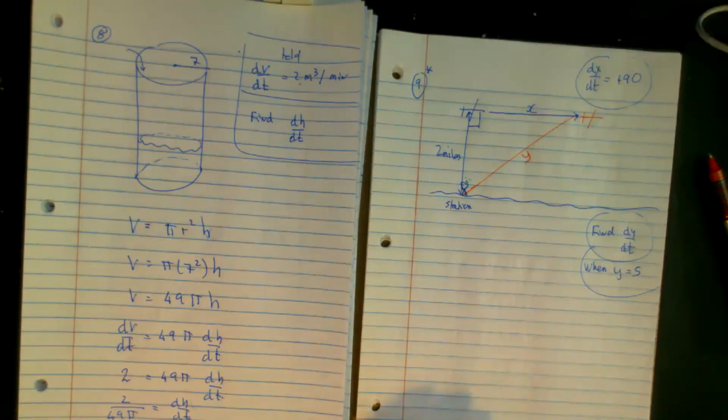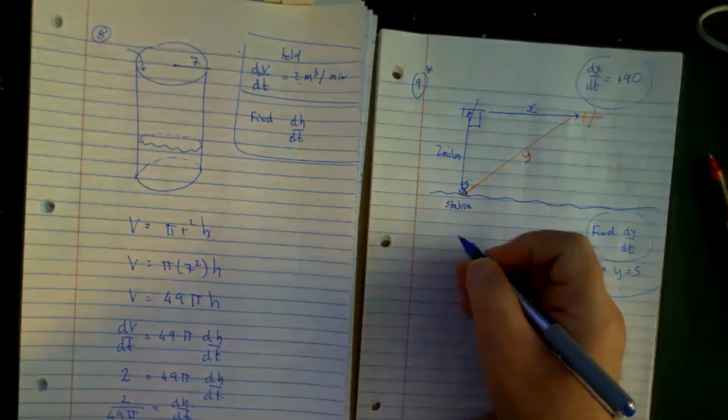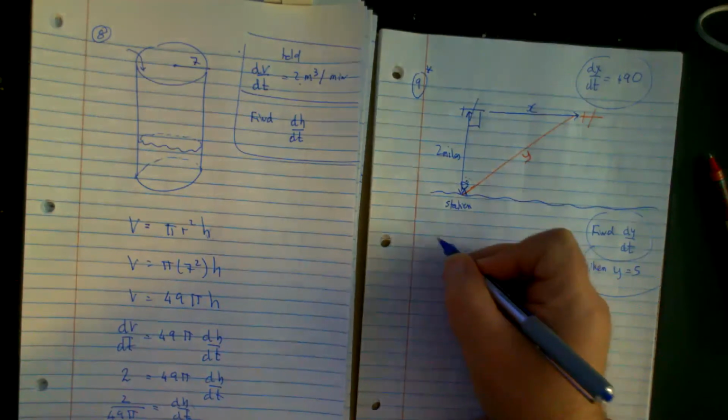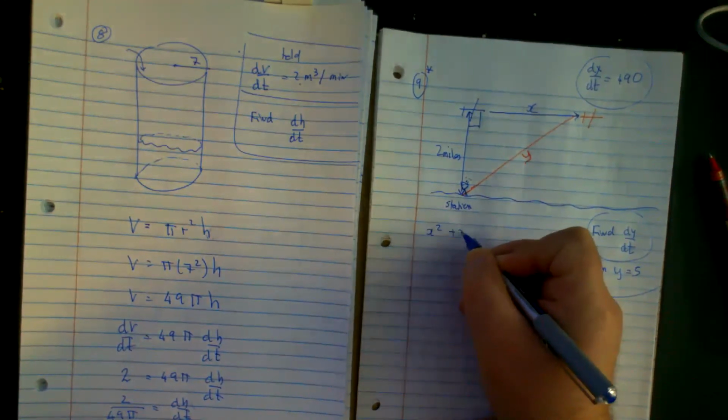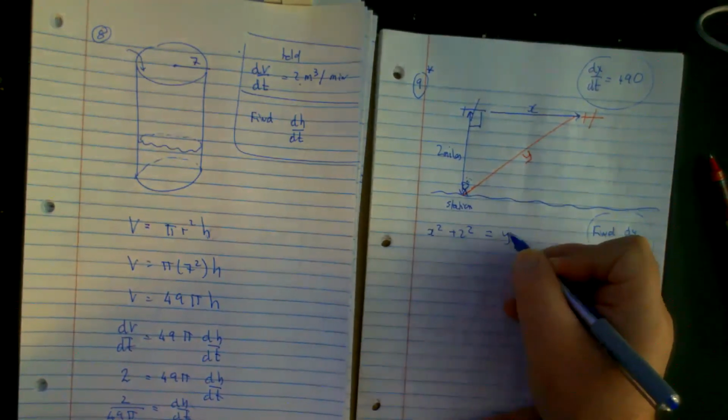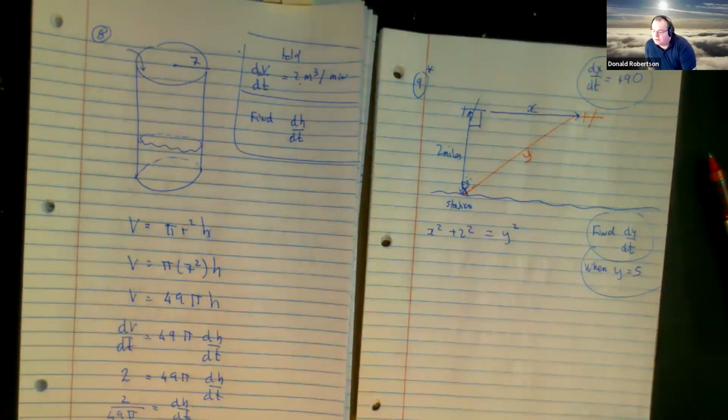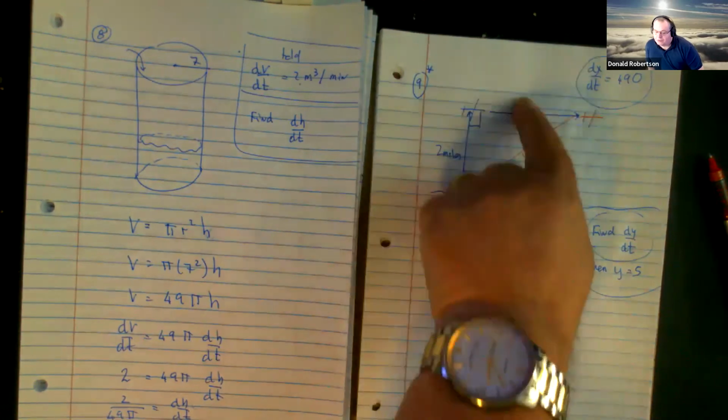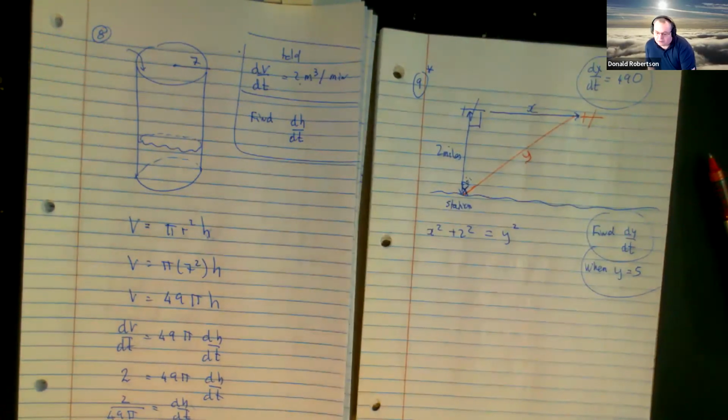The 2 squared plus x squared equals y squared. Okay. It's kind of what I heard. You agree? Pythagoras essentially, right? 2 squared plus x squared equals y squared.